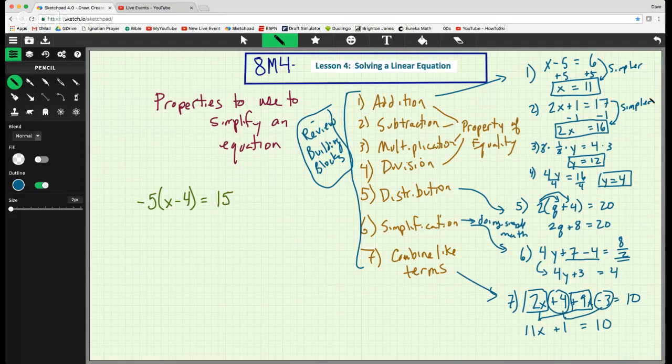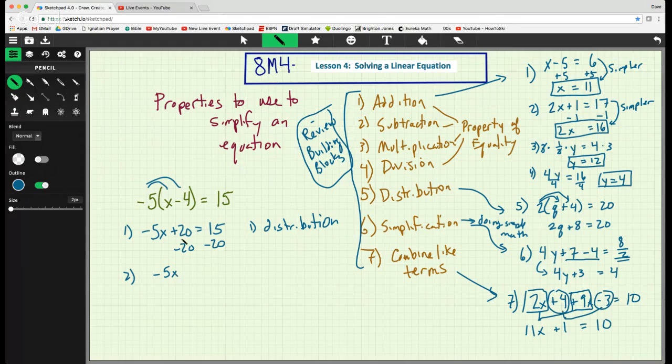Okay, so let's put this together over here and solve this equation. The first thing we're going to do is distribute, and we get negative 5x plus 20 equals 15. That's step 1, distribution. Step 2, we use the subtraction property of equality to subtract 20 from both sides. See how we're making it simpler.